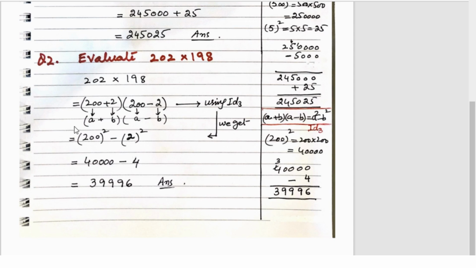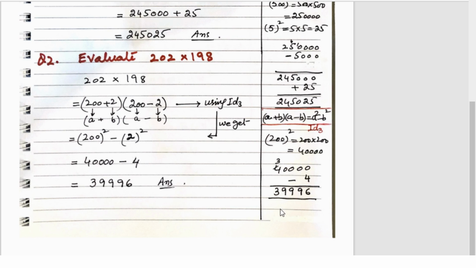So using ID3 we will get this A square. We have considered 200 as A and we have considered 2 as B. So we have got A square minus B square. Now we will open it. 200 multiplied by 200, friendly number. 2 2s are 4 and there are 4 zeros over here. Now 4 with 4 zeros minus 2 square, which means 2 into 2, 2 2s are 4. Now we will subtract it. Subtraction is also in front of you.